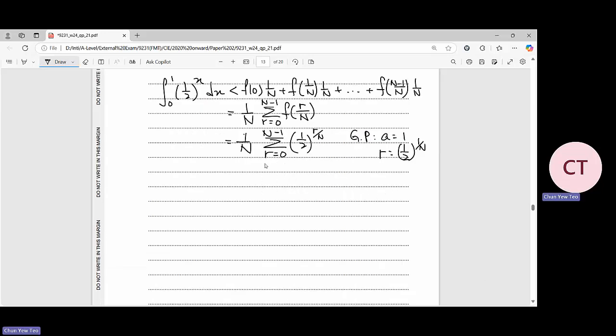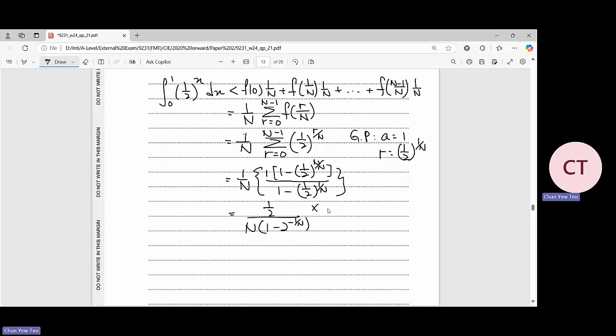Okay, so if we use the formula, it will be 1 over n, 1 multiplied by 1 minus this to the power n over n, divided by 1 minus this. So this time you will get a half divided by n, then 1 minus 2 power negative 1 over n.